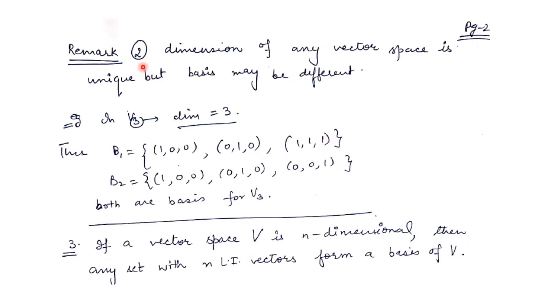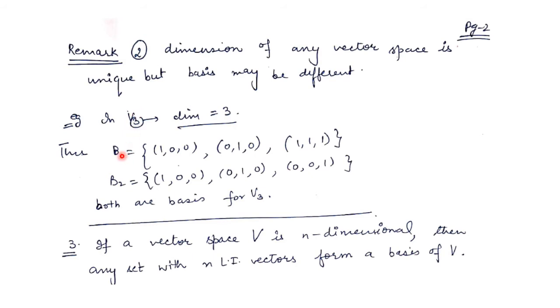The next remark is that the dimension of any vector space is unique, but bases may be different, right? Since dimension is the number of elements in the basis, that number is always unique. But any vector space can have more than one basis. For example, in V3 we note that the dimension is 3.